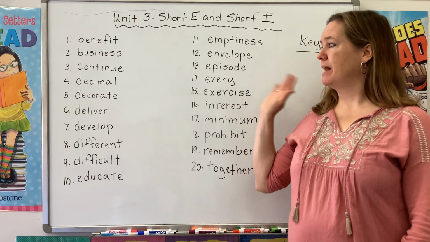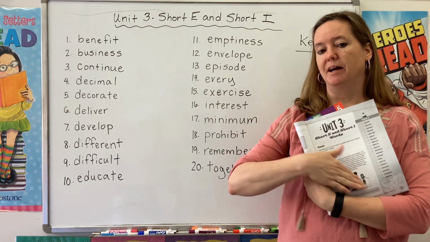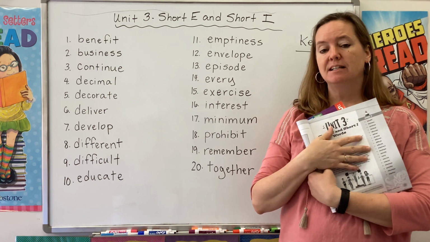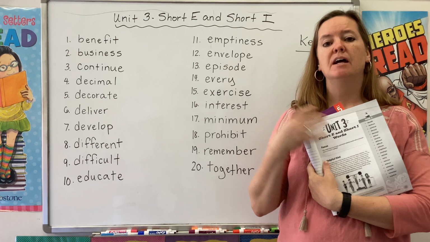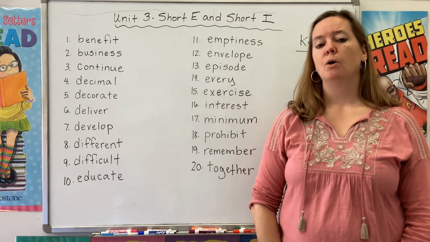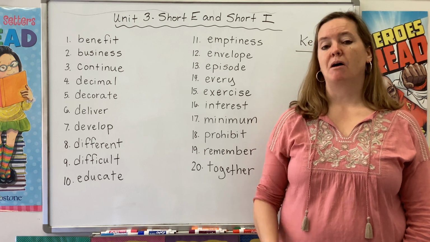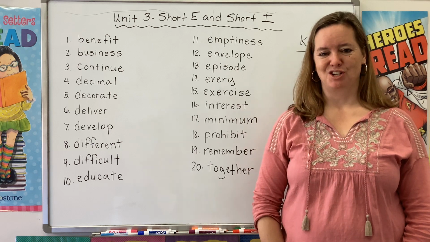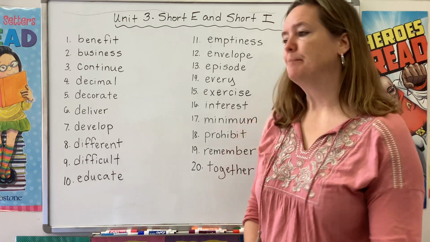Keep in mind that whatever I do on the board, you should be doing on your page. Find a space for your key. If you can't fit your key on here, feel free to write it on a sticky note or a separate sheet of paper. Remember that if at any point I'm moving too fast, you should pause the video and then catch up. All right, so let's get started.